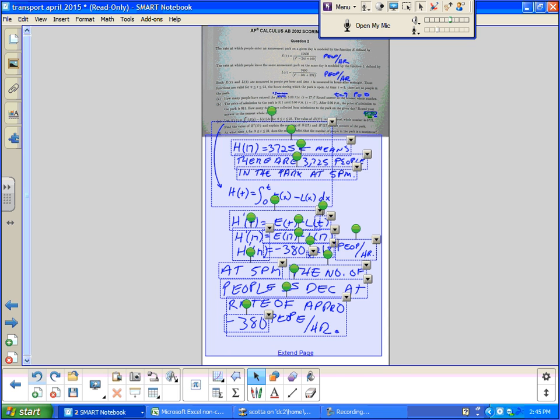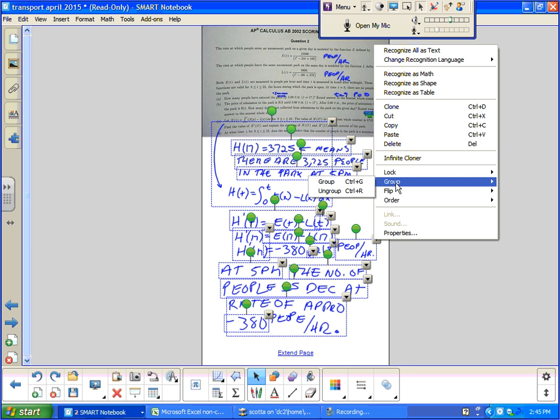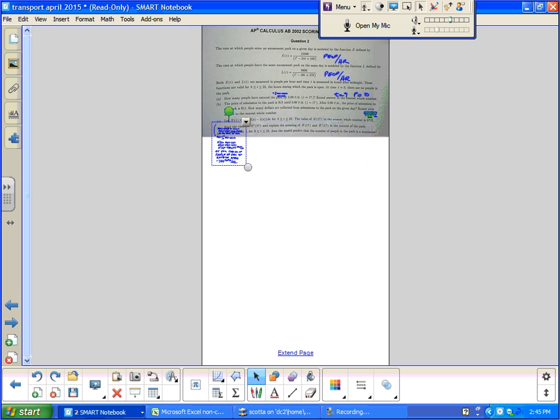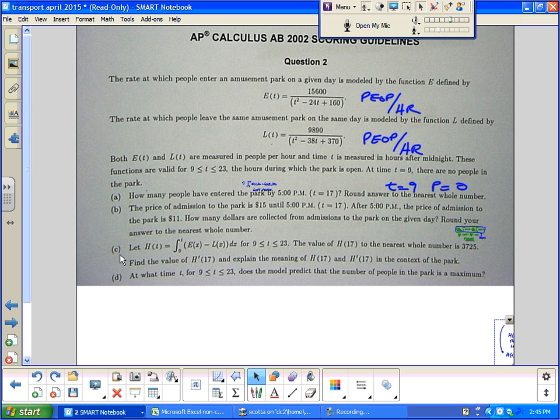Let's box this all up, push it off to the side and hide it. Last one. At what time t from 9 to 23 does the model predict the number of people as a maximum? We've already figured out the derivative, and we know that a maximum is going to happen at h prime.